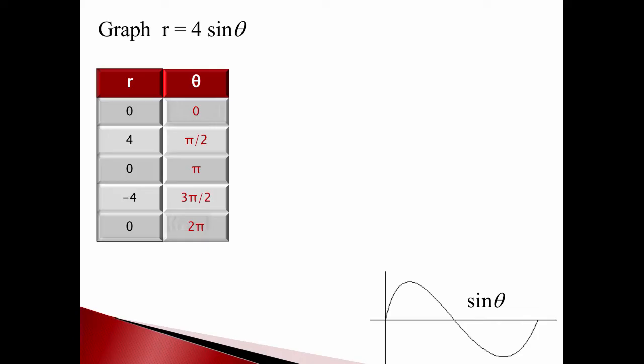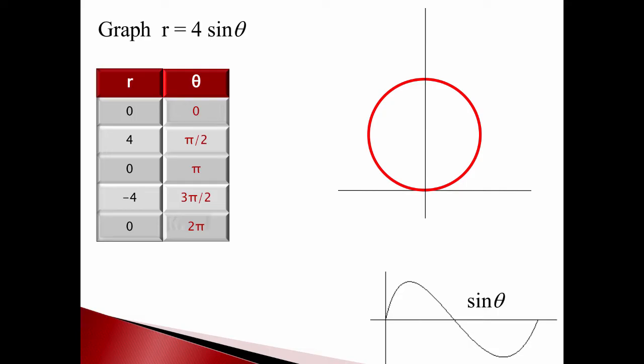Now my radar arm turns to the side and starts to point to the left at angle pi. R drops back down to 0 again. So as I swing my arm halfway around, my arm starts out at 0, then it lengthens to get to 4, then it shrinks again back at pi. So I end up with a circle.